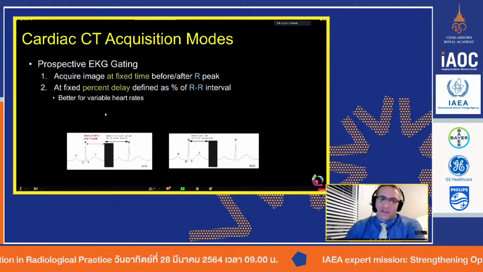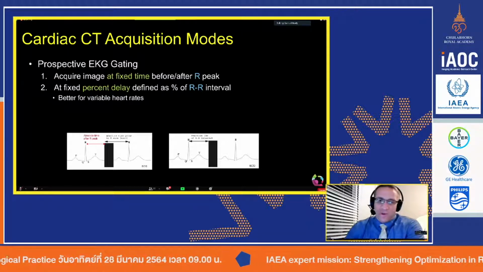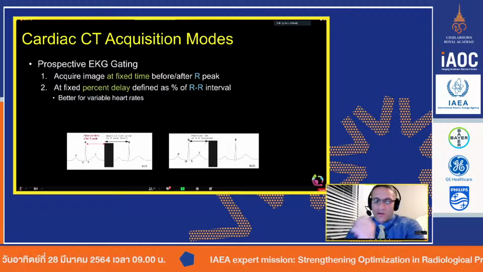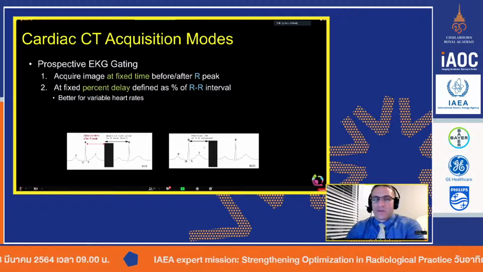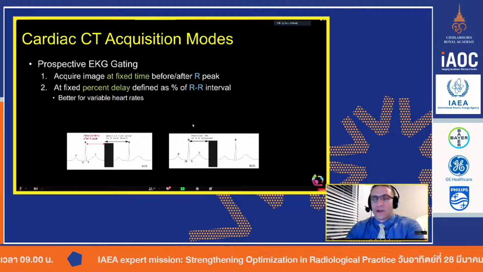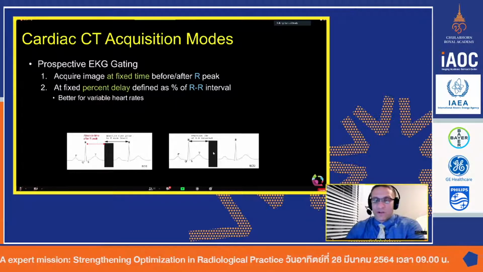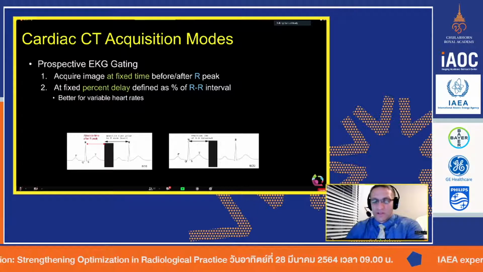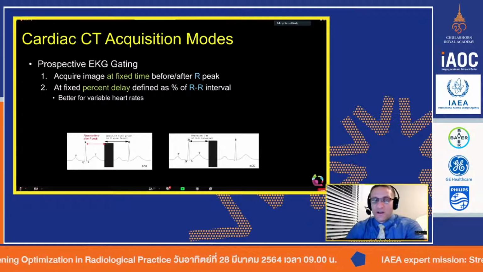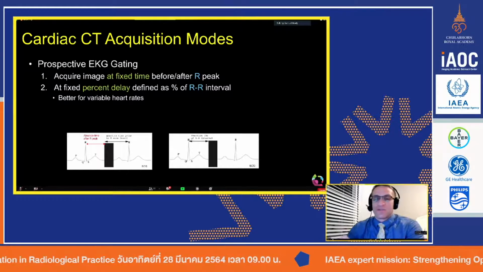The other way to do this is what's called percent delay, where now instead of saying go a quarter of a millisecond or a half a millisecond after, it's going to use a percentage of the time. So when the system sees the R peak, we can tell it to go, say, 60%.